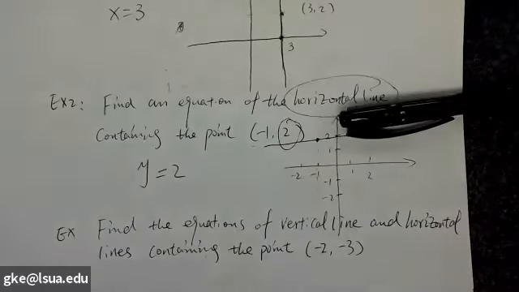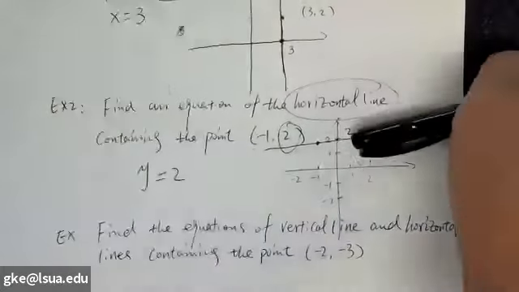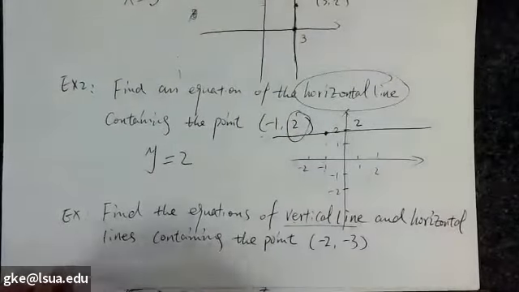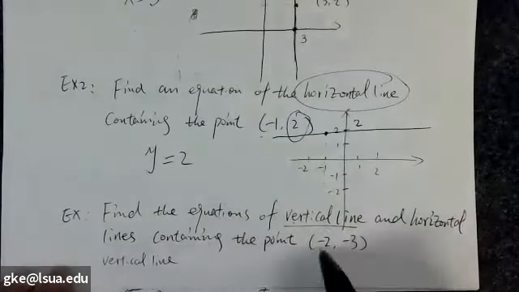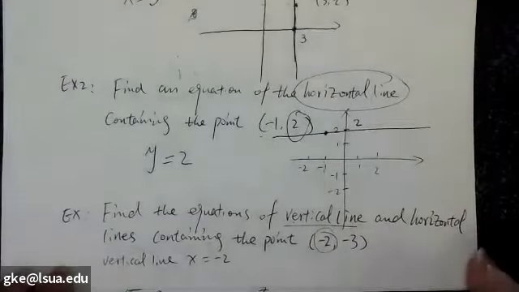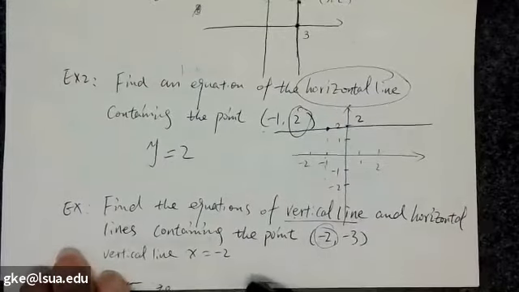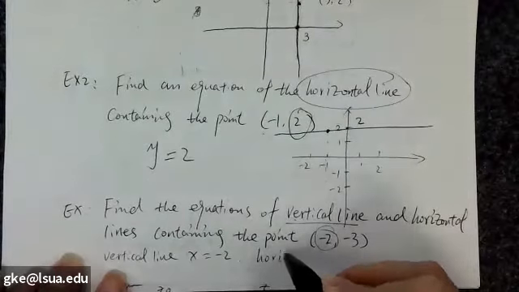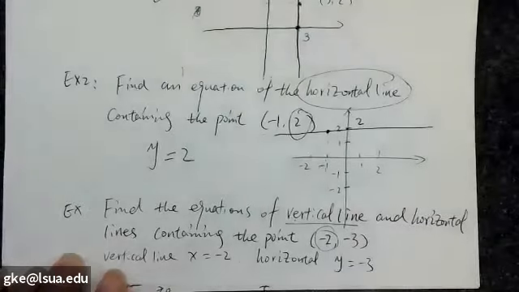Okay, now let me write down the answer on the board. For this type of problem, the vertical line is the x-coordinate, right? X equals -2. And the horizontal line is y equals -3.